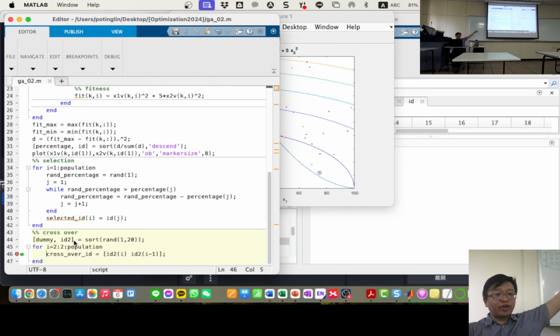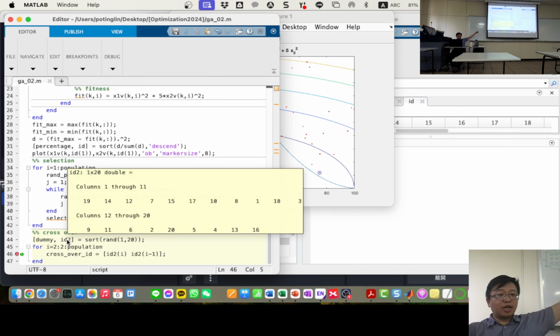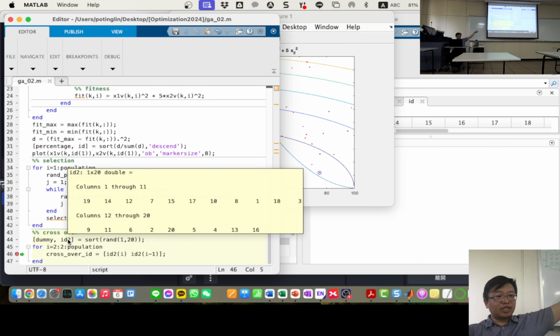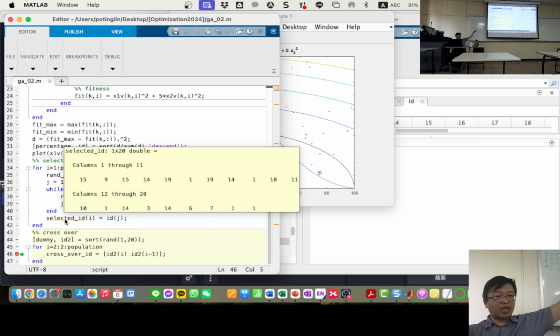So over here, the sorted ID, first 2, 19th and the 14th, will be chosen out of the selected chromosome. They will do crossover. So from here, 19th and 14th, from the selected ID, so 19th is out of this, will be 1.